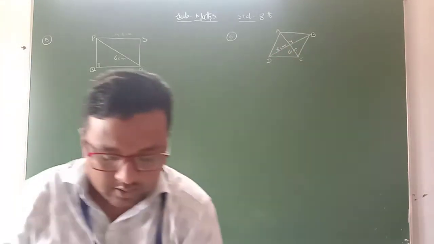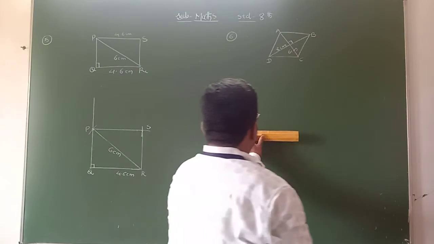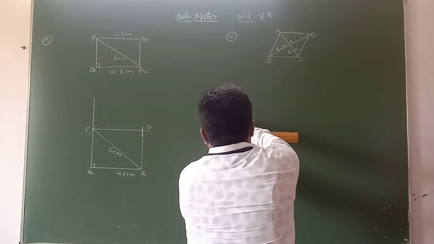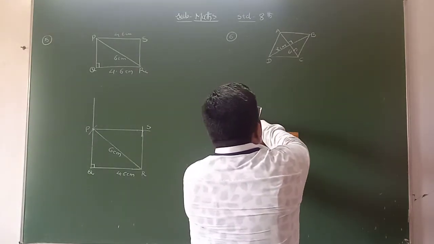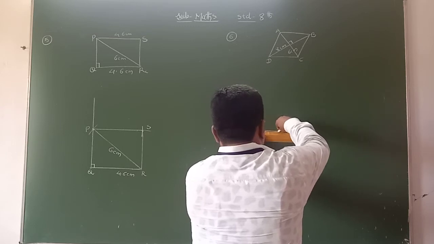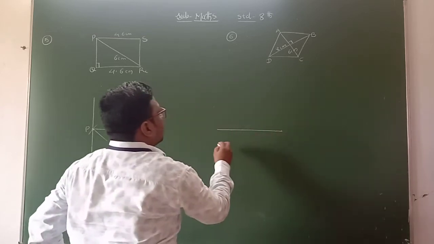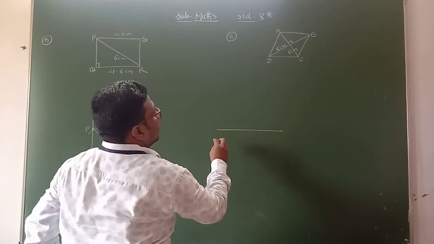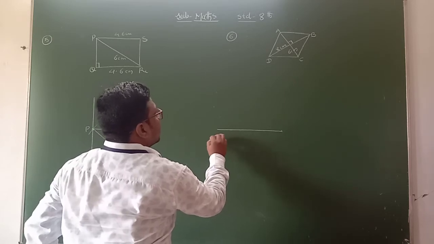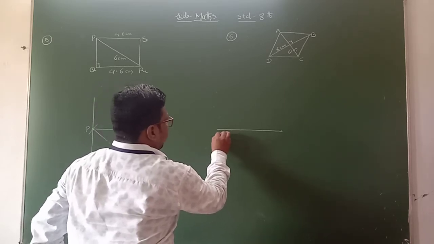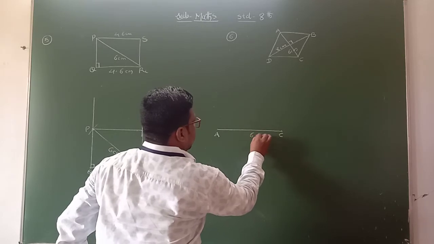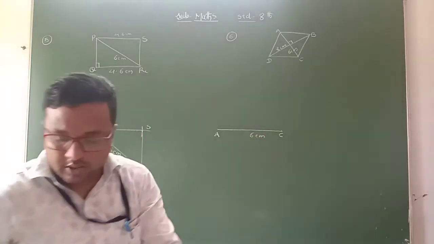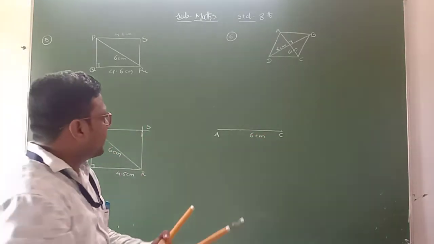First draw any one diagonal of this rhombus. Here I draw AC. AC is equal to 6 cm. Then draw the perpendicular bisector of AC.